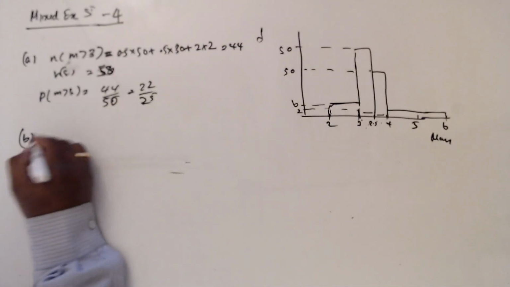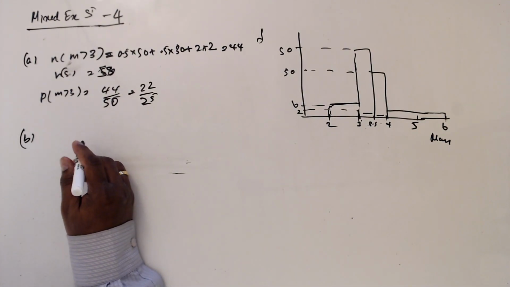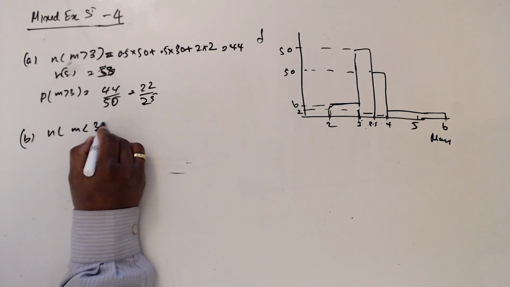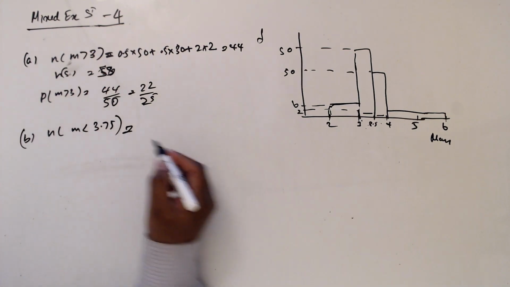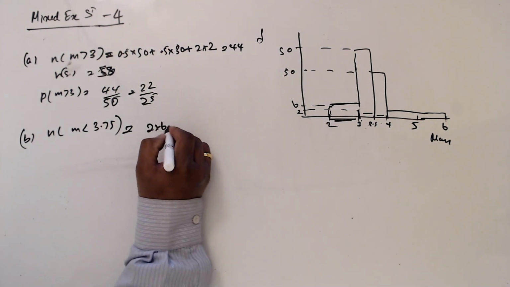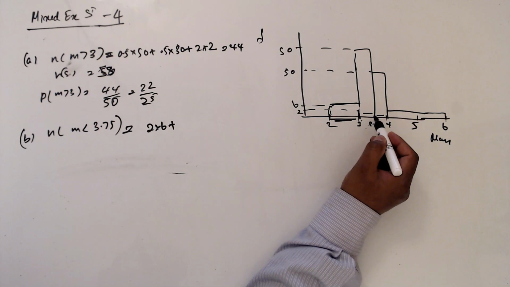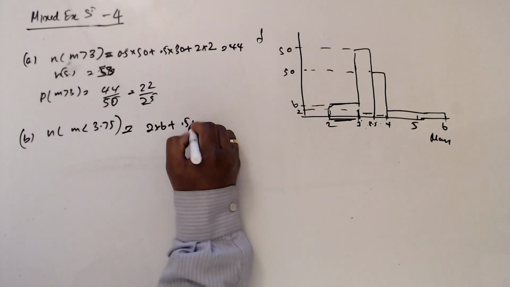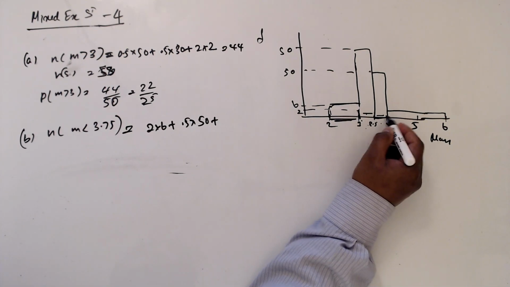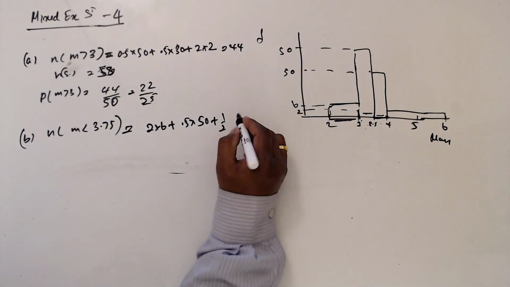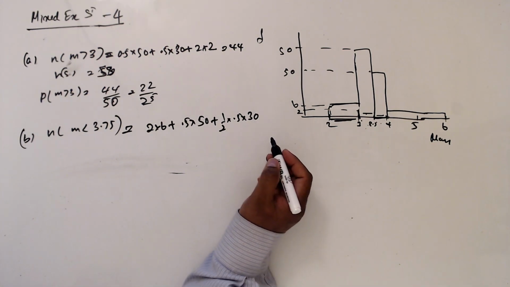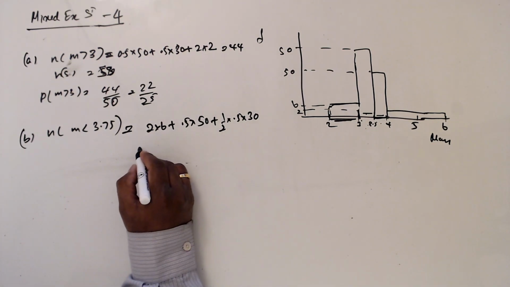And part B, estimate M less than 3.5 and M less than 3.75. So this should be included. So 2 times 6 and 3 to 3.5, so 0.5 times 50, and half of this distance, half of 0.5 times 30. So half is again 0.5.